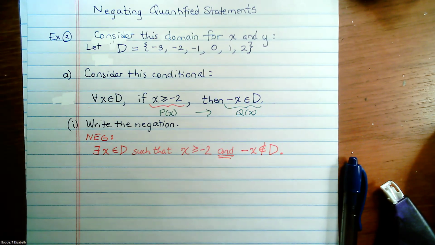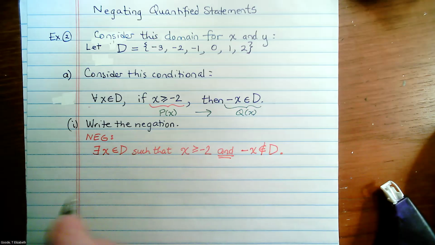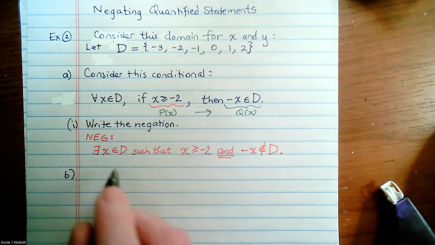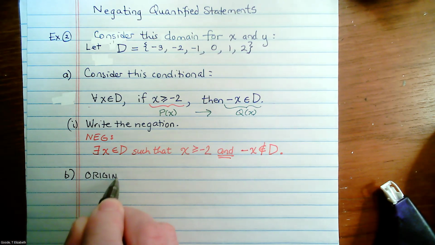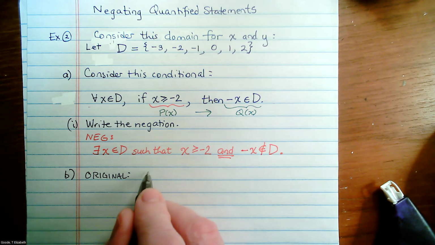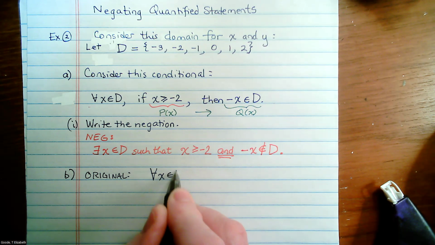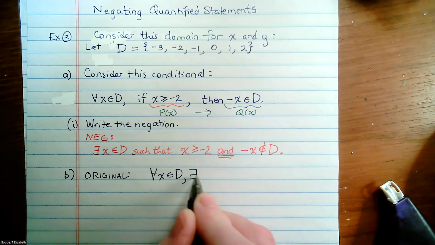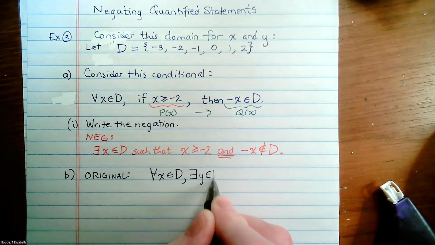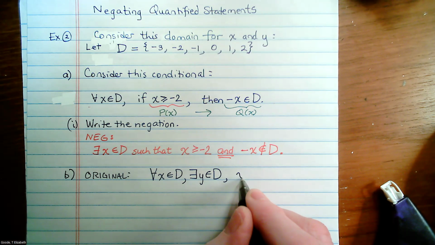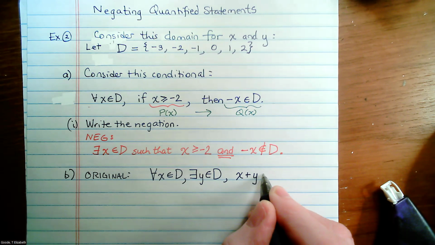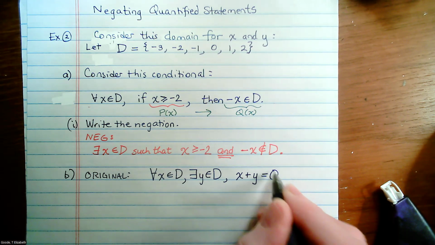Yeah. Okay, so tell you what, let's do another one. Here's our original. For all X in D, there exists a Y in D such that X plus Y equals 0.